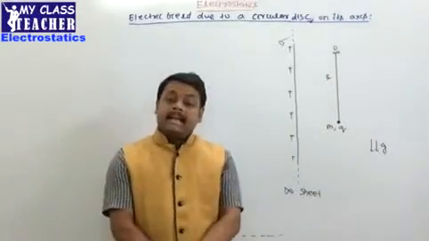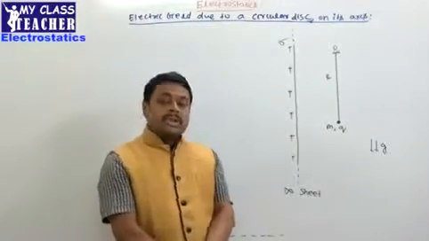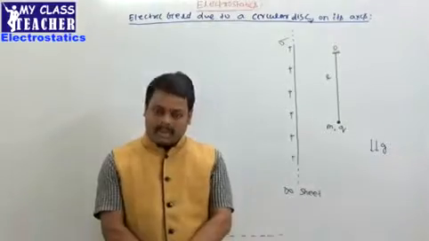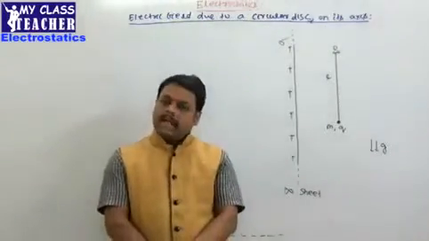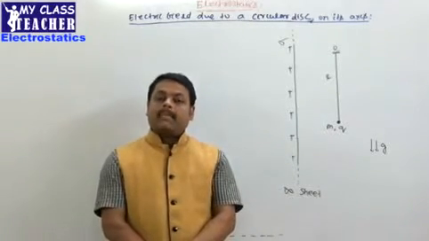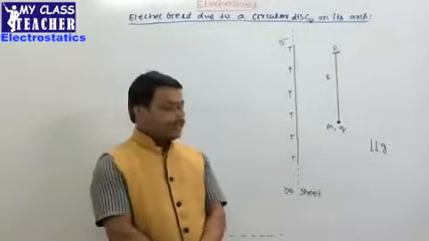If the particle is released from rest when the string was vertical, then part A of the question: calculate the angular deflection of the string when the particle remains in equilibrium.